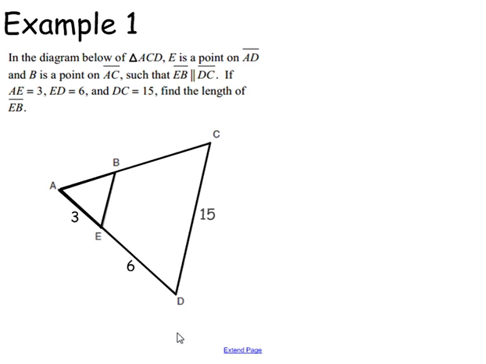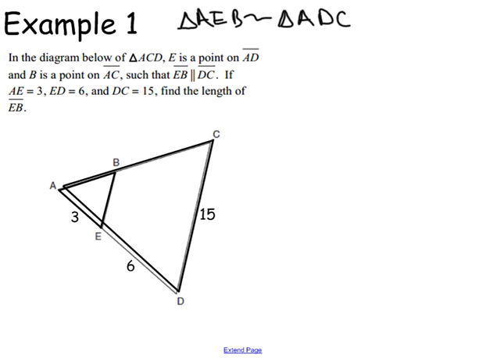Now I'm going to say to you that triangle AEB is similar to triangle ADC. And I can actually prove that to you, that this little triangle is similar to the big triangle.